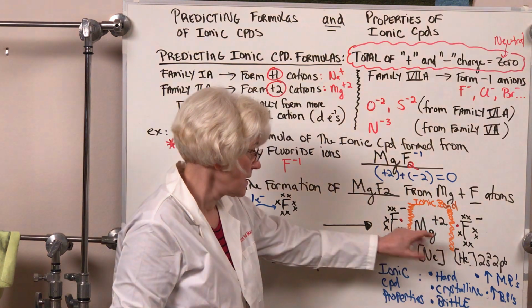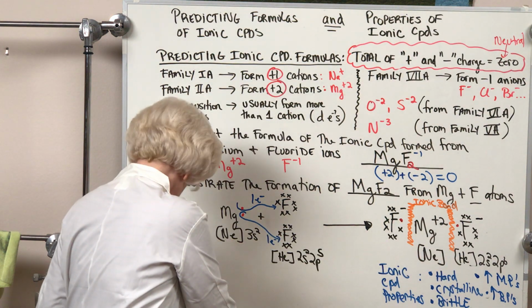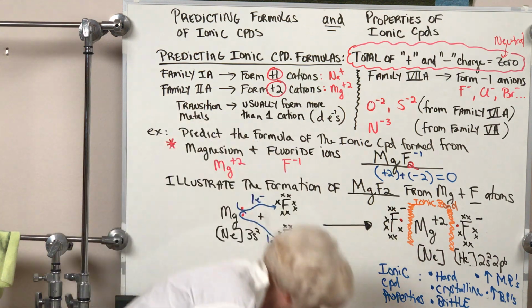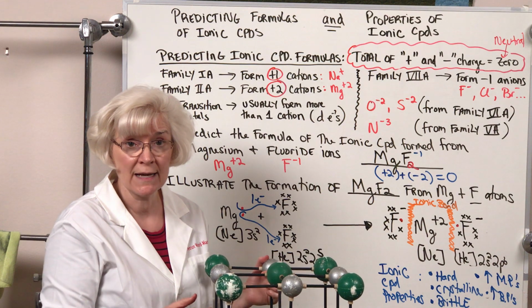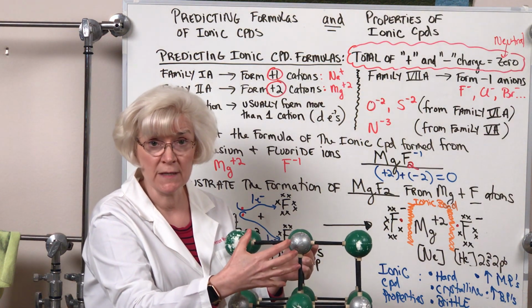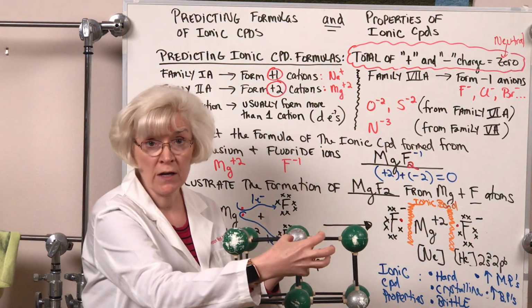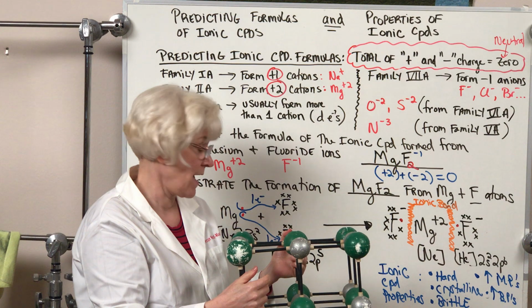These properties directly result from the nature of the ionic bonding. Going back to the sodium chloride example, the hardness of sodium chloride, table salt, comes from the strong ionic attraction between the oppositely charged ions.